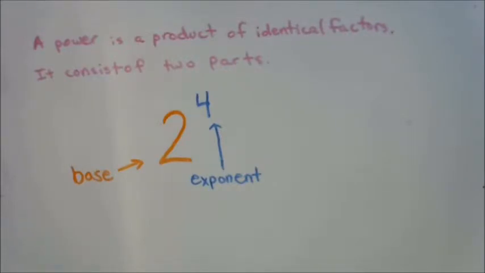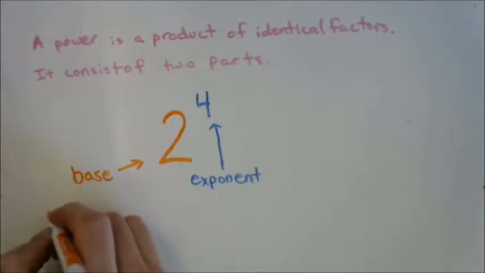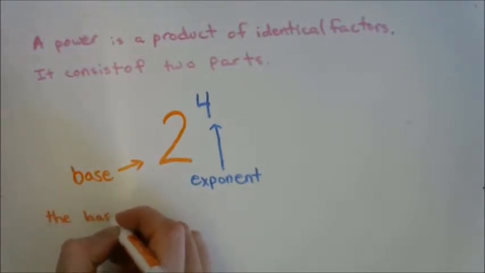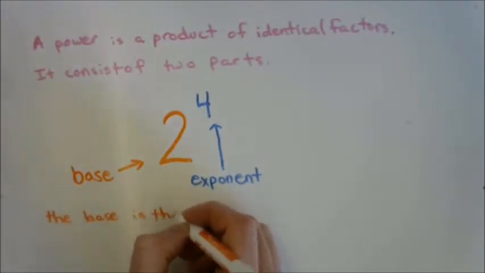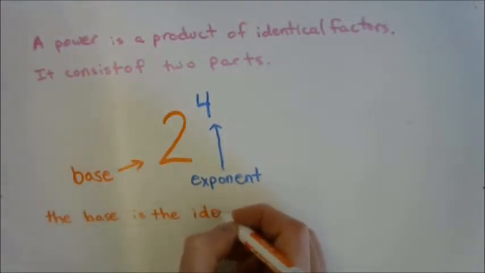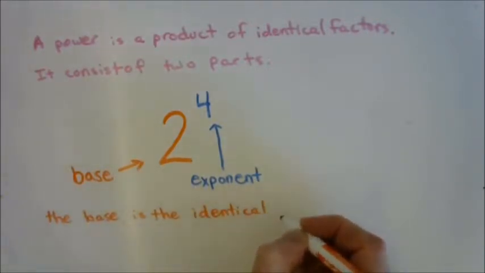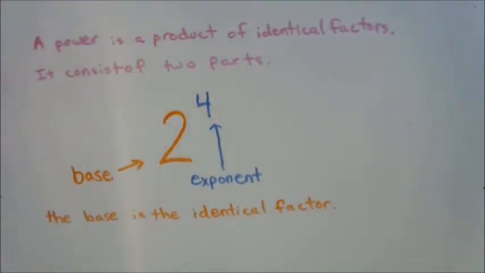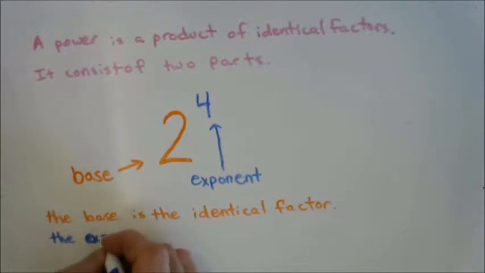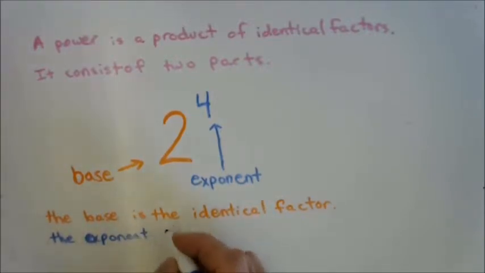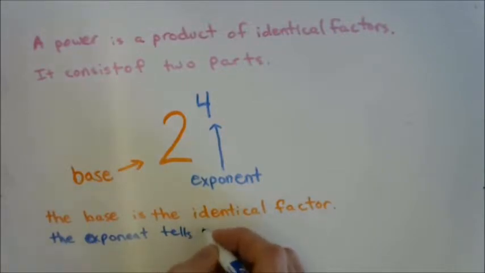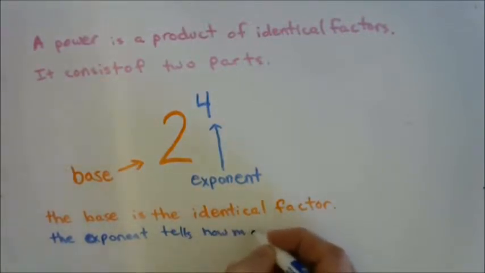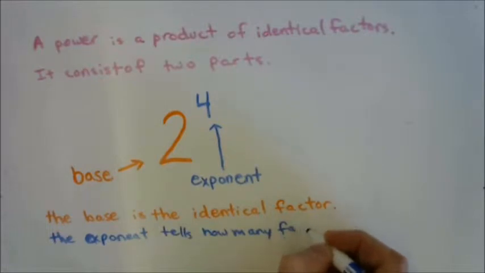The base is the identical factor. That means it's the factor that gets repeated. The exponent tells how many factors there are.